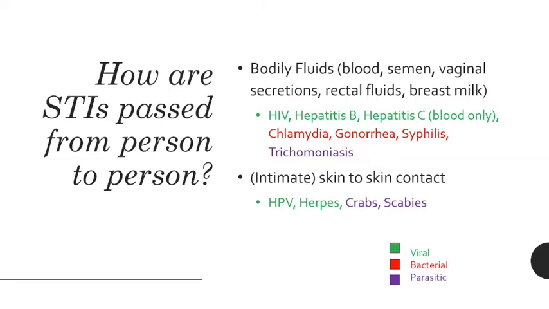And then hepatitis C can be transmitted through blood contact only. Also, HPV, herpes, crabs, and scabies can all be passed from person to person through intimate skin-to-skin contact. And again, at the bottom of the slide, you'll see a key that outlines viral, bacterial, and parasitic STIs.